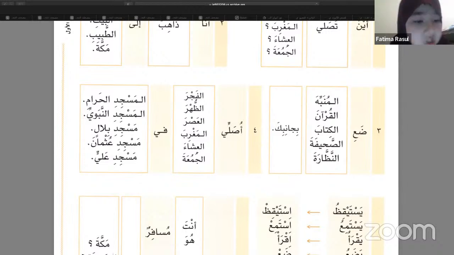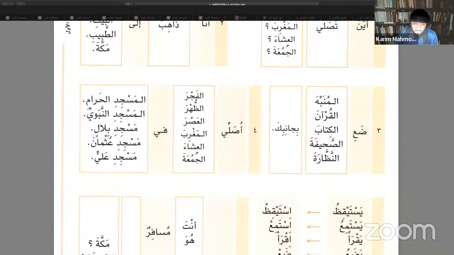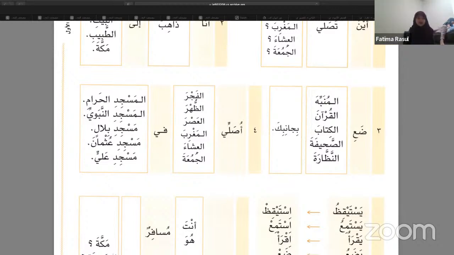Pray Asr in the masjid of Bilal. أصلي المغرب في مسجد عثمان. Masjid Uthman. Pray Maghrib, pray Isha in Masjid Uthman.